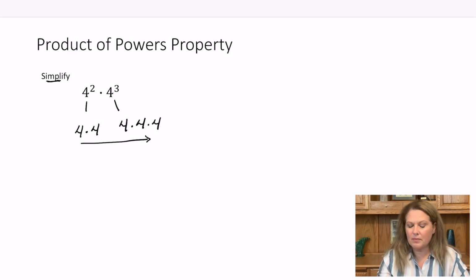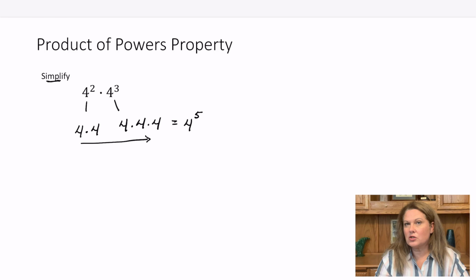So if we count up those 4s quickly, we notice that we have 5 of them. So we're going to put our base of 4 back. Because we're multiplying 5 4s, we're going to put the 4 to the 5th power. So we can say 4 squared times 4 cubed is equal to 4 to the 5th power.